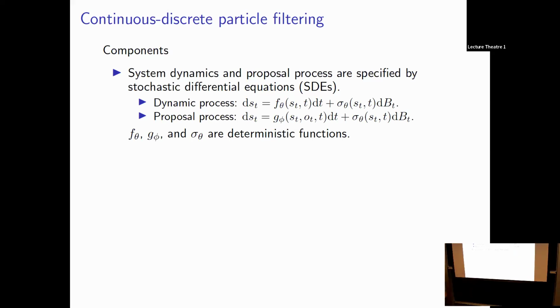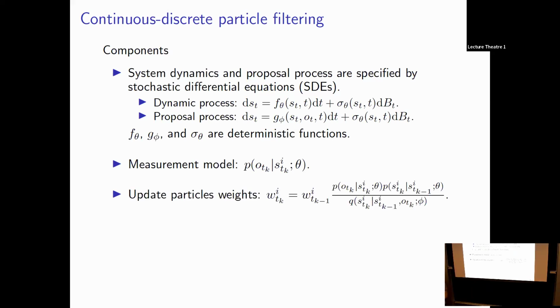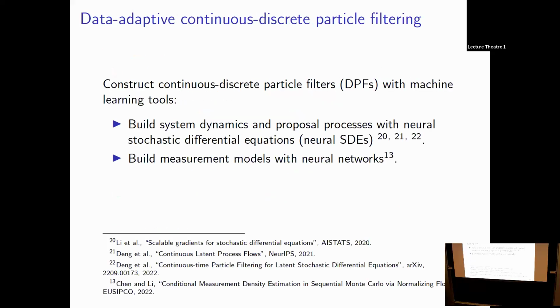If we have those 2 processes, and also we have a way to construct the measurement model, how can we update the particle weight? And the rest of the continuous discrete particle filtering is the same as standard particle filtering in the discrete case. You perform particle weight update, you perform resampling.